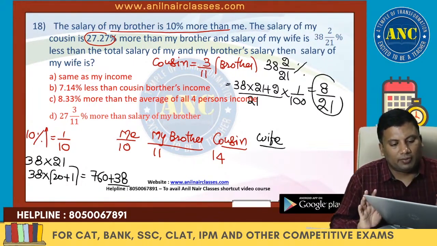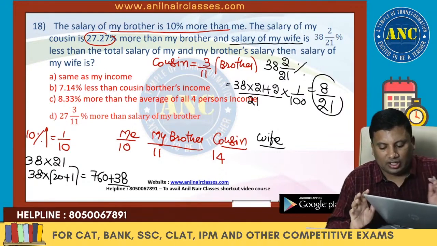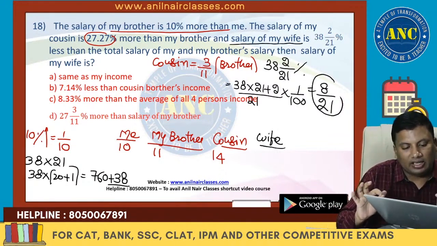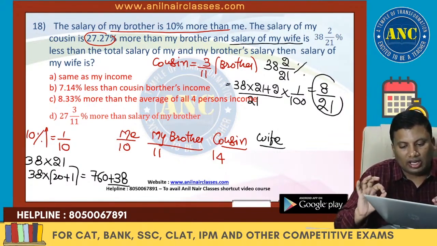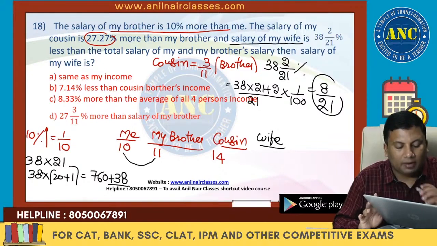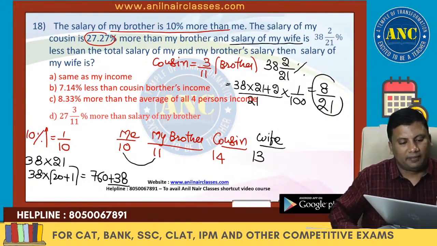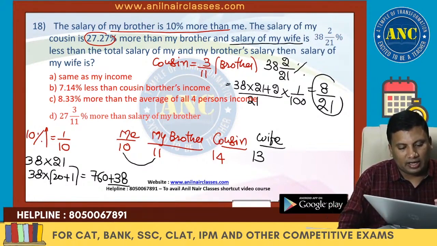So we will read the statement converting into fraction. It is 8 by 21 less than the total salary of me and my brother. 10 plus 11 is 21, 8 less, so it is nothing but 13.